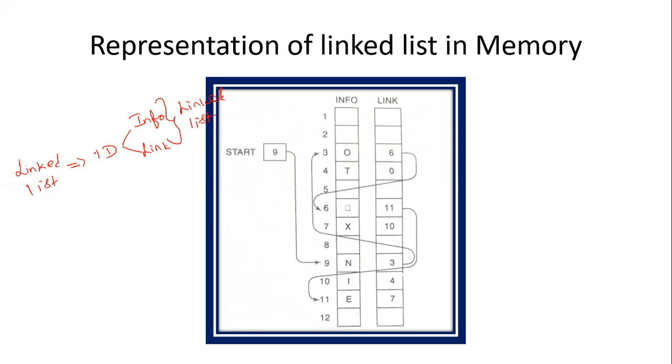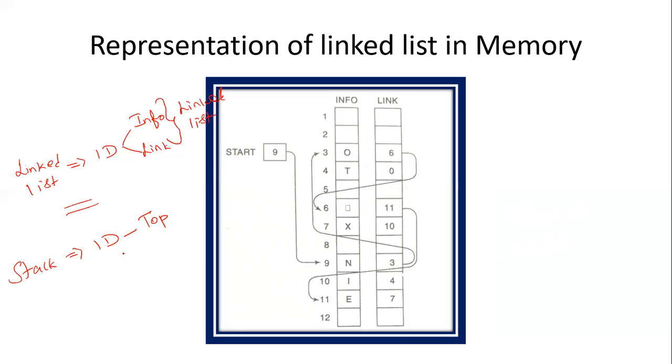So we use 2 one-dimensional arrays for storing information and link separately. That's basically how it's implemented, just as we discussed how the stack could be implemented in memory using a one-dimensional array with the help of a top pointer. That's what we have used here.